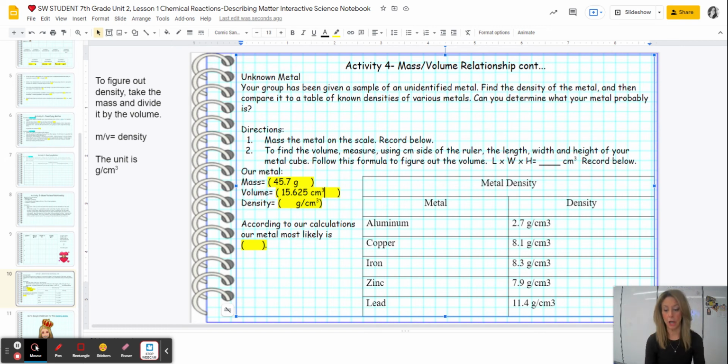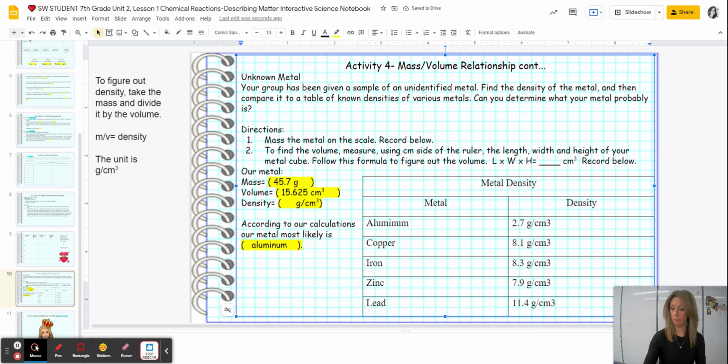However, when I look at the chart, and also at what color it is, and I can see it's a little bit shiny as well, I'm going to say that's probably aluminum. So according to our calculations, our metal is most likely aluminum.